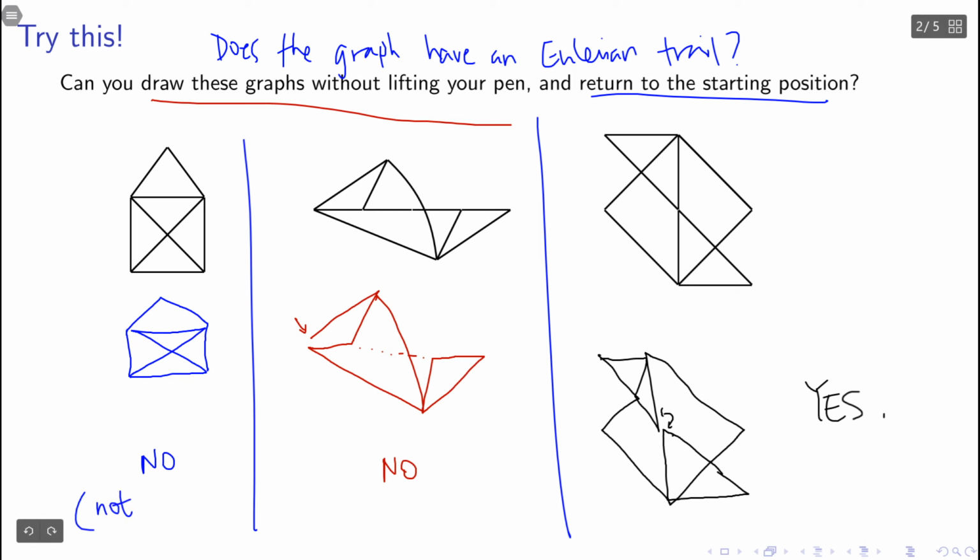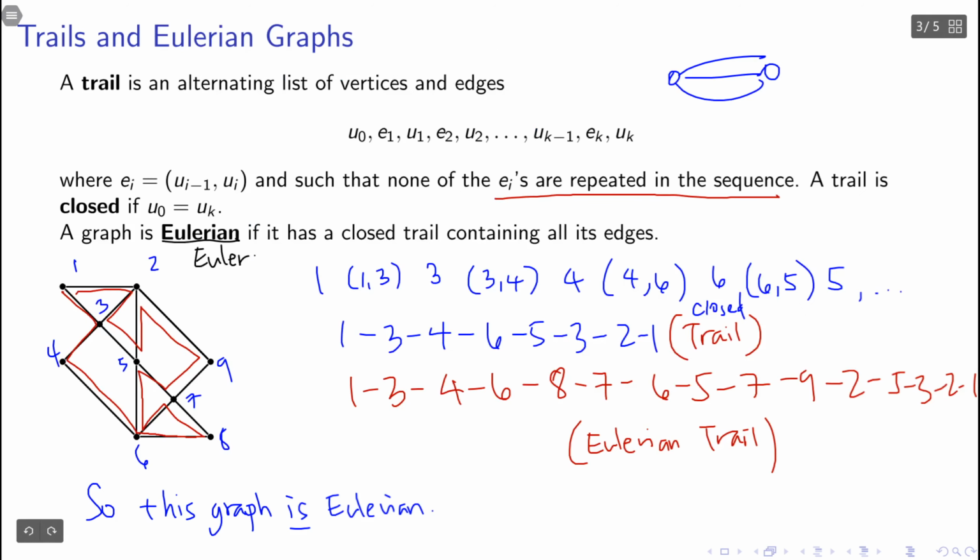Because you're able to draw something similar for the first graph, where it's not a closed trail. So, can you think about it? There are two conditions, and if you've been reading the course notes, you would have seen that theorem as well.